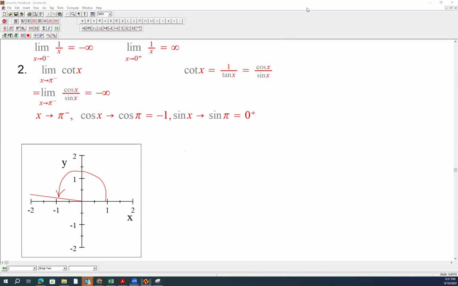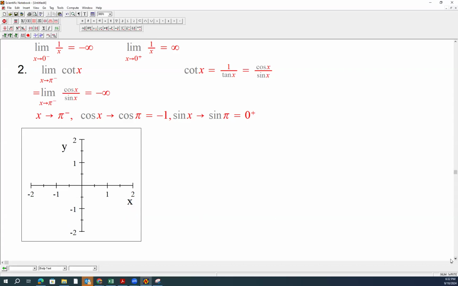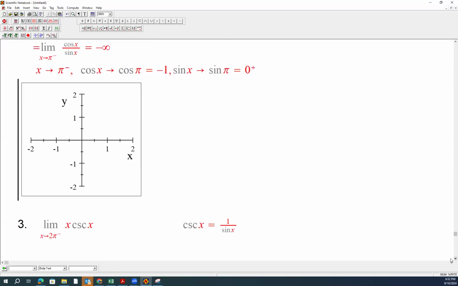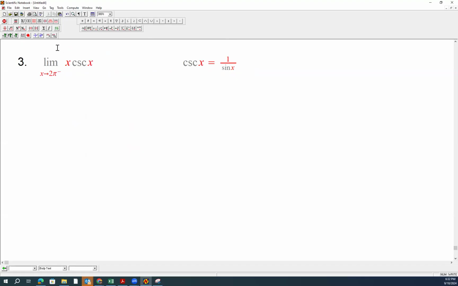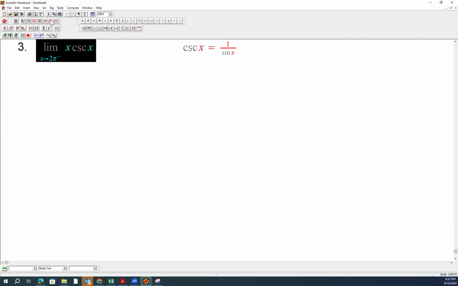All right, I'm going to clean this up. Let's look at the third one, cosecant. Cosecant has a relationship with sine.